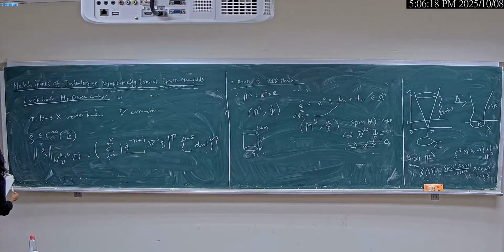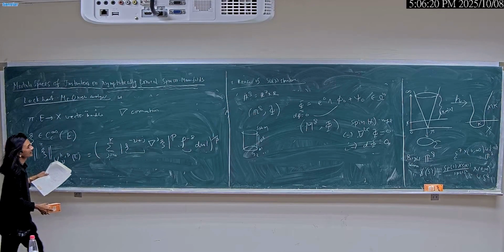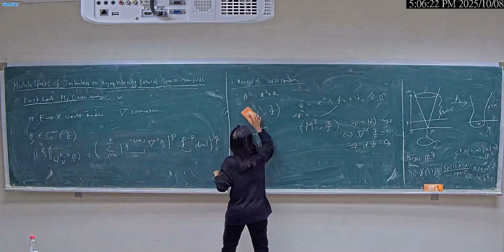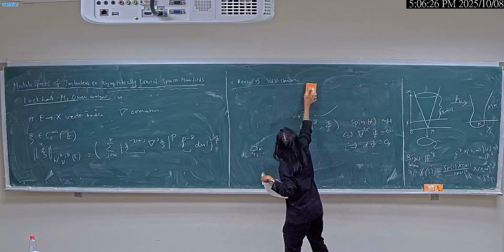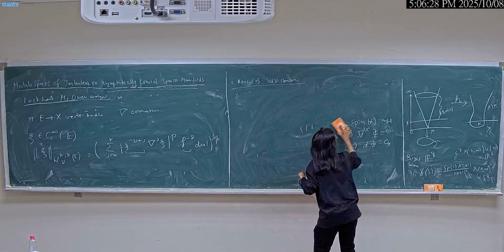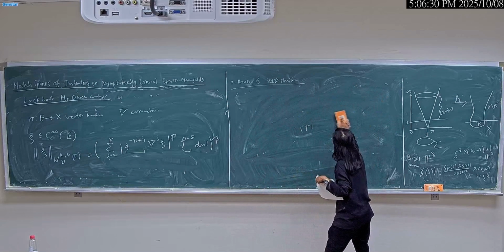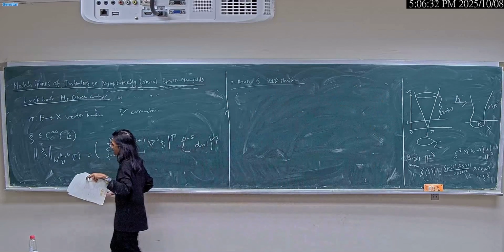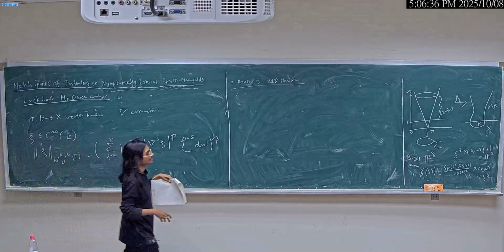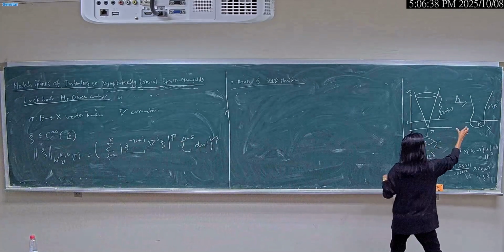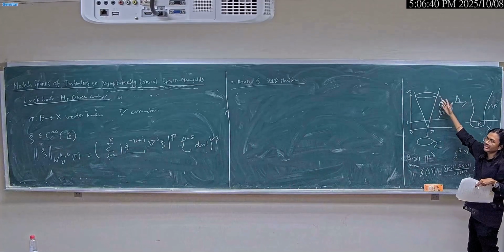So let me define what this ρ is. Again, looking at this picture, things should be pretty clear. In that picture, the main problem is this. The upper part is just the same as the cone.